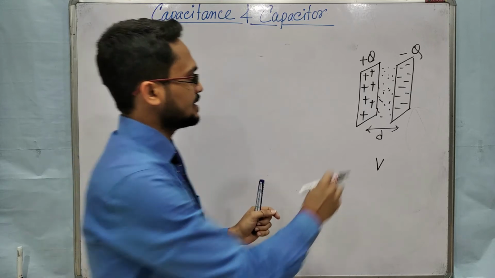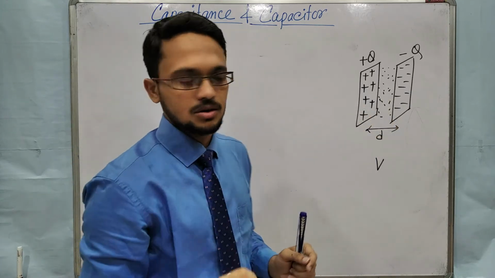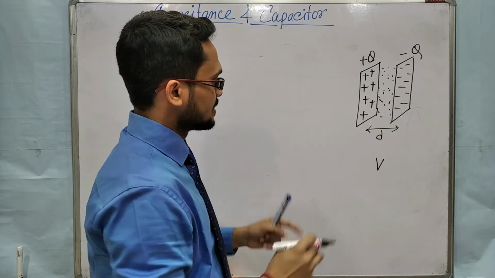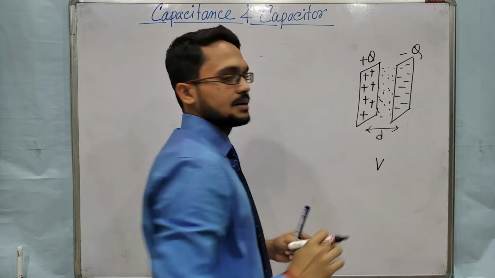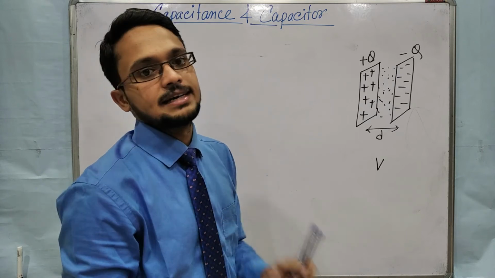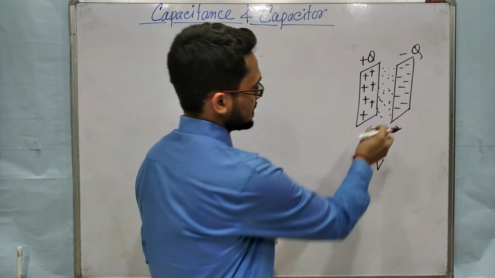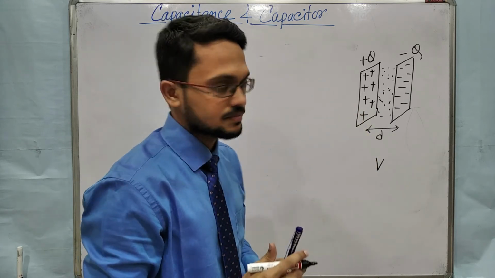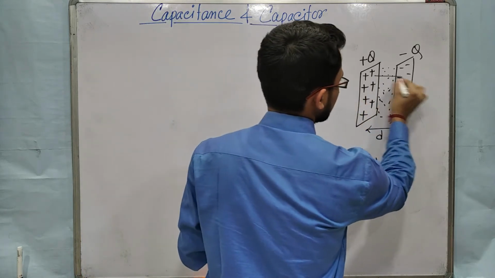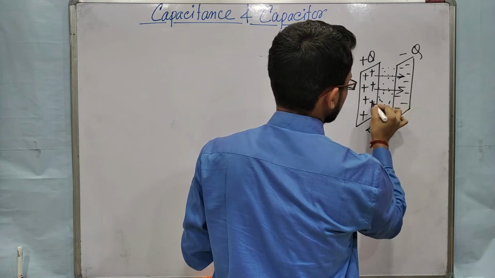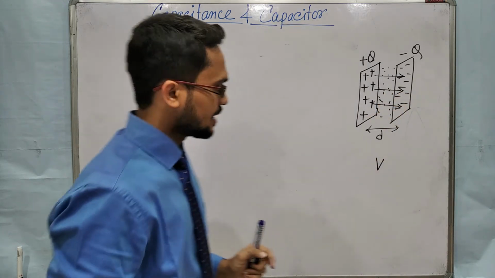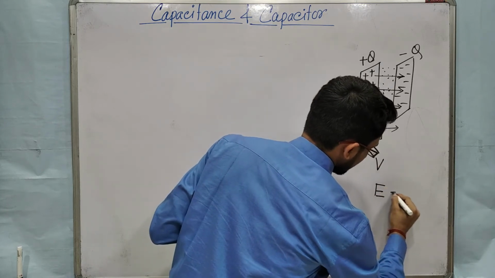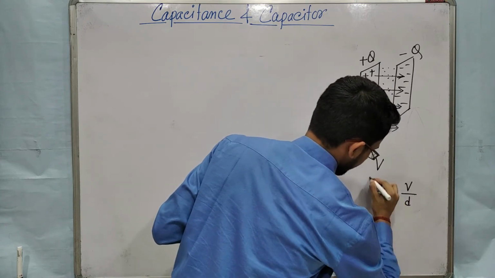This region is very small compared to the area of the plates. Then in between them there will be a uniform electric field region. As this separation is very small, the electric field will be uniform, acting from plus to minus. The relation between E, V and d will be E equal to V by d.